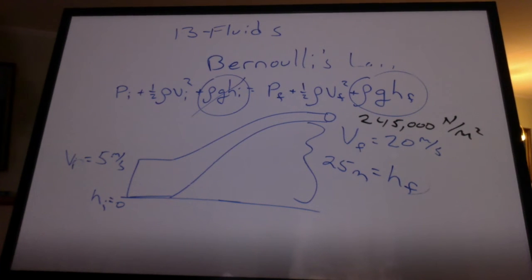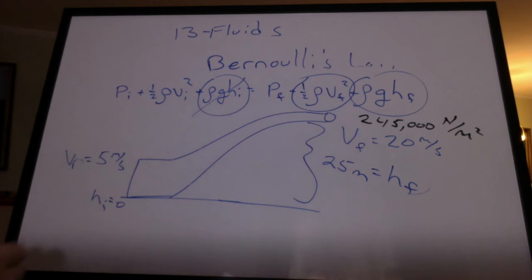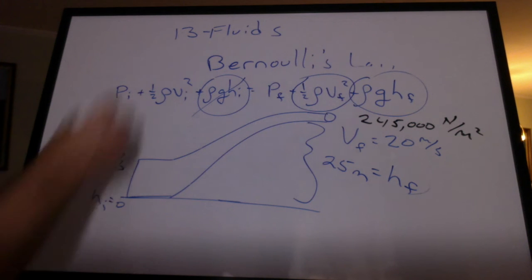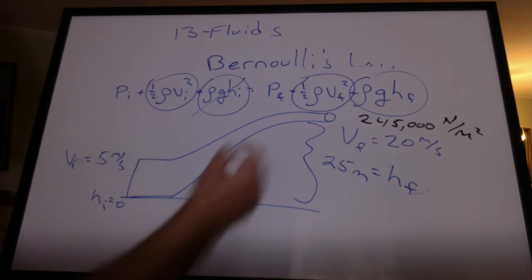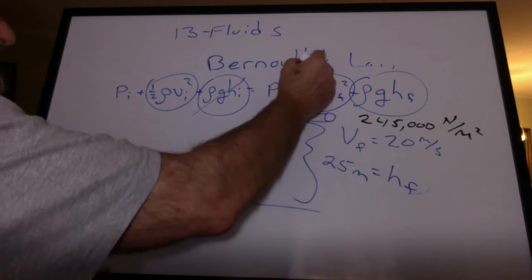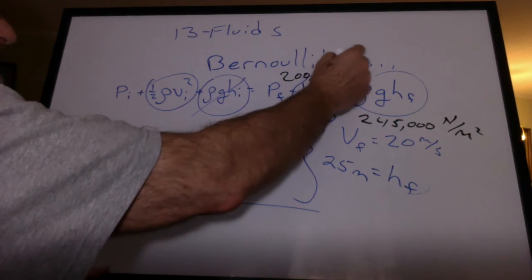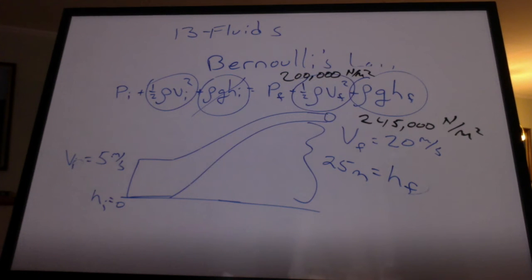Okay, so now we can calculate the kinetic energy using the next term of the equation. Let's calculate that kinetic energy, and we'll calculate this kinetic energy. Okay, so I get 200,000 for this term, 200,000 newtons per meter squared there.